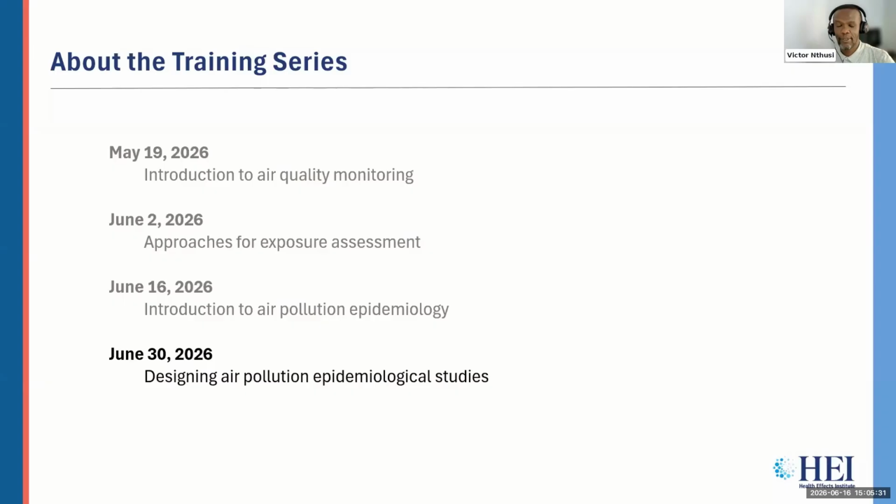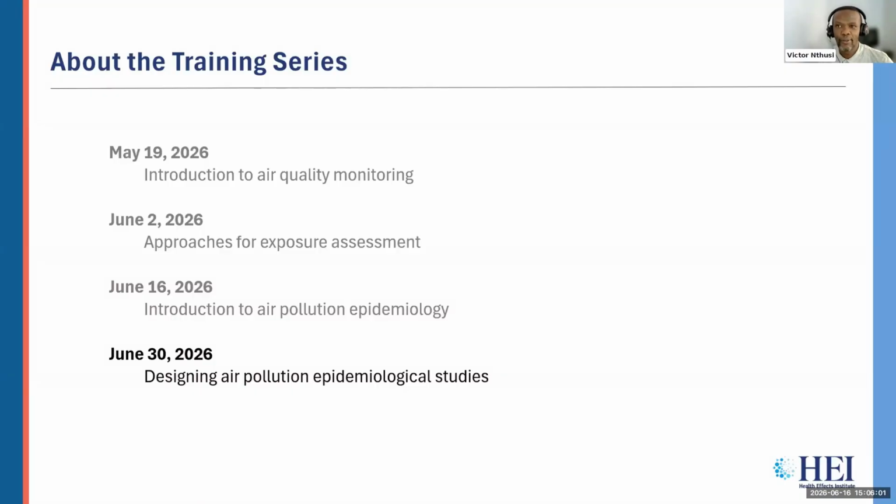This training series is part of a scientific capacity building initiative. We've had 2 sessions where we've gone through monitoring. In the last session we went a lot into exposure, how that's characterized, and the microenvironment and personal exposure as well. Today's session is really aimed at looking at how the air pollution that you're exposed to leads to some of the health outcomes we see and report from time to time.